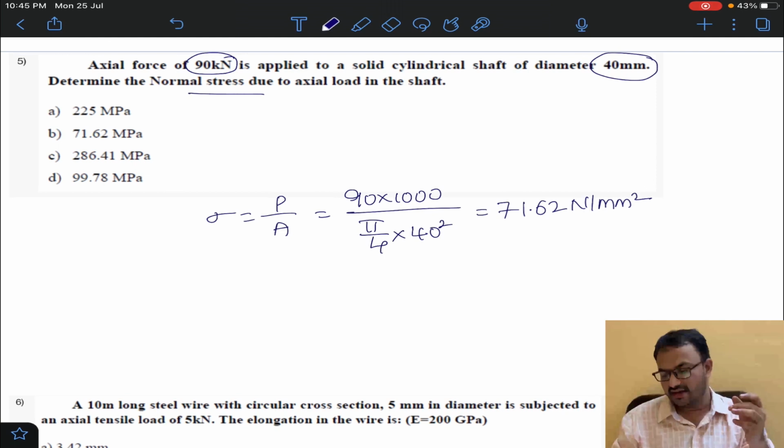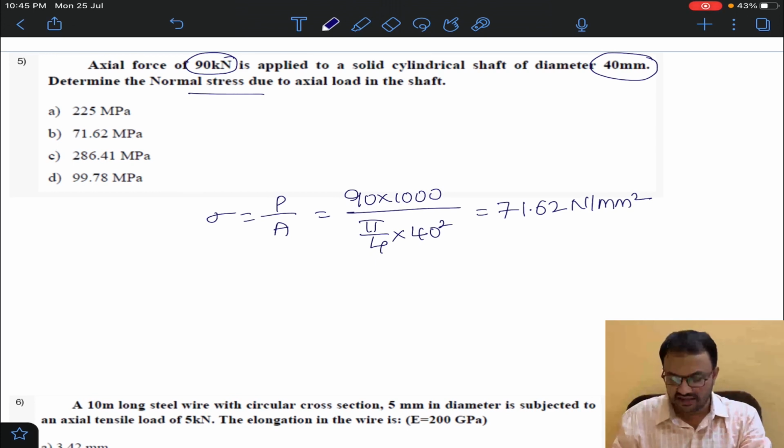In the denominator the area we got is in mm square, and in the numerator I have substituted the value in Newton. So you get the value in Newton per mm square. But the options given are 225 MPa, 71.62 MPa. Yes, we have the option 71.62 MPa.